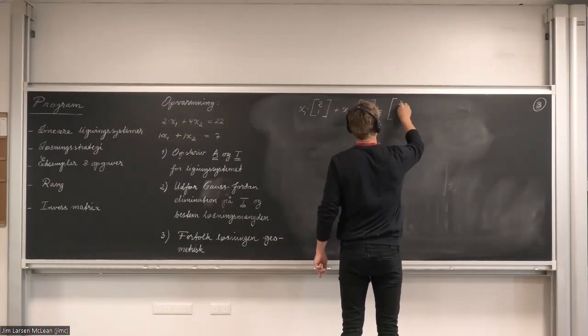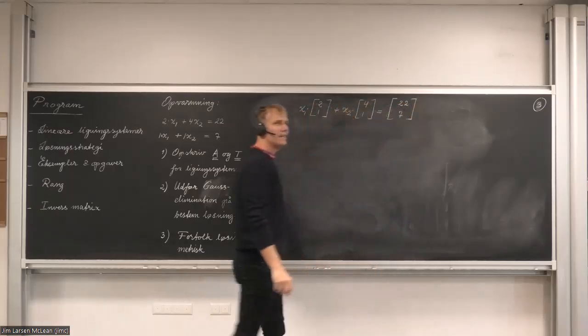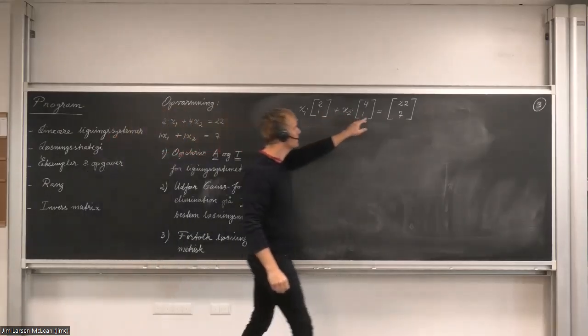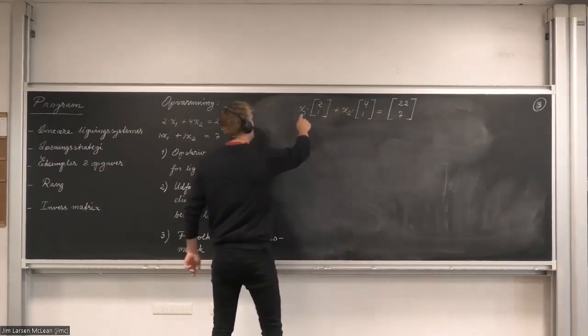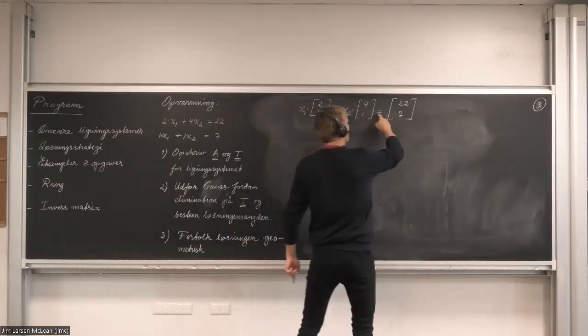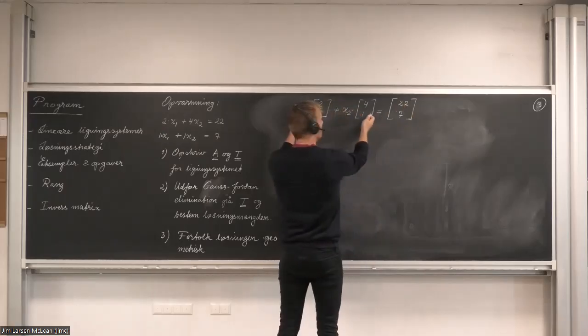So what you can see I have done now is I have taken 2 equal signs and magically turned them into just one. Look at what it says. It says 2 times x1 plus 4 times x2 should equal the first coordinate, 22, because this is a vector.